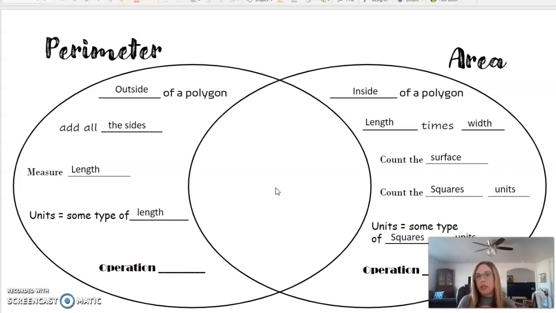It could be square centimeters, square inches, square feet. How big were those little squares that we used to cover the surface? Were they an inch big? Were they a foot big? That's how we decide what the unit is. And not squares, units. We're going to put square. Sorry if I messed that up for y'all.